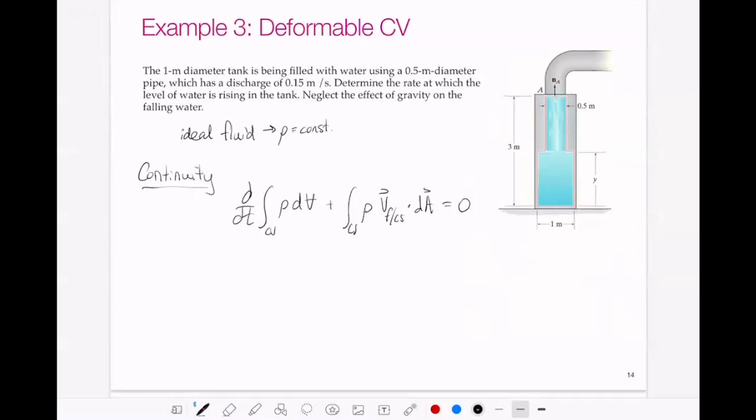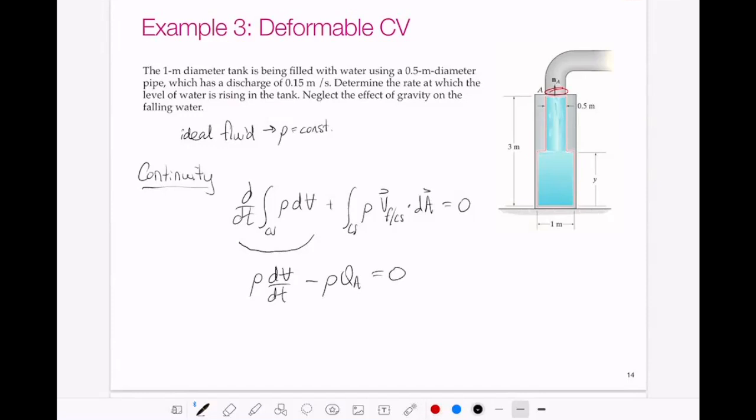The volume is changing with respect to time. So for this term, we can rewrite it as rho dV/dt. And then on the left-hand side, we only have fluid entering our control surface at the top right here. Since it is steady flow of an ideal fluid, we can write this as, it's entering, so it's minus rho times QA.